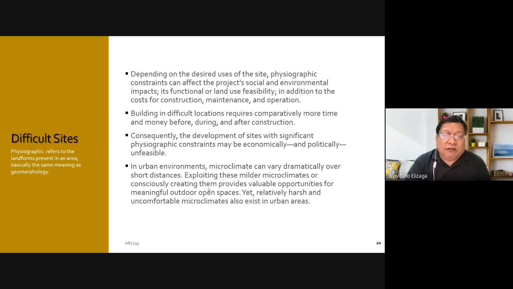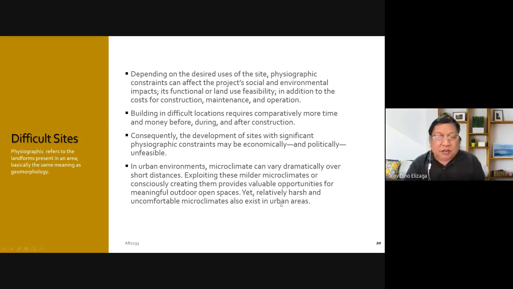In urban environments, microclimate can vary dramatically over short distances. Exploiting these mild microclimates or consciously creating them provides valuable opportunities for meaningful outdoor open spaces. Yet relatively harsh and uncomfortable microclimates also exist in urban areas.